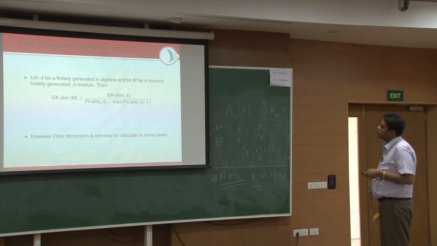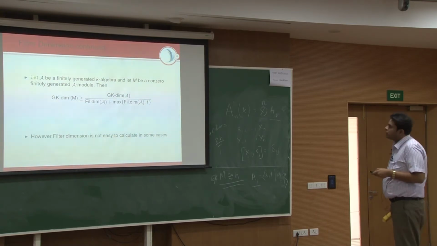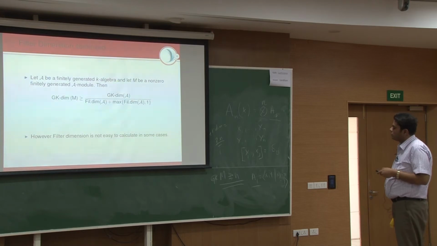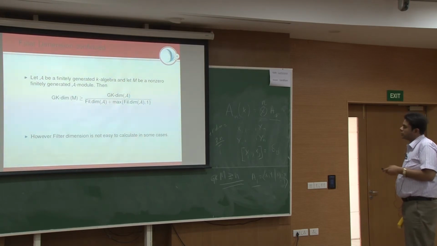And what he showed was that for a finitely generated module M over an algebra A, the GK dimension of M satisfies this inequality. It's a quotient of this by the filter dimension plus one. So if the filter dimension of A is 1, then this denominator becomes 2, and we recover the inequalities of Bernstein and similar Bernstein type inequalities for other classes.